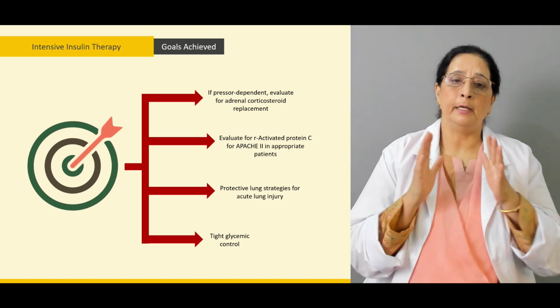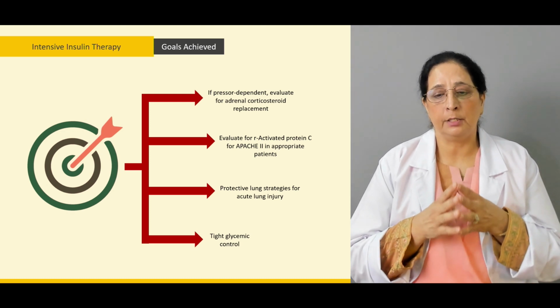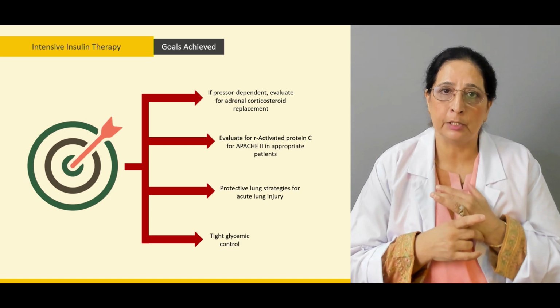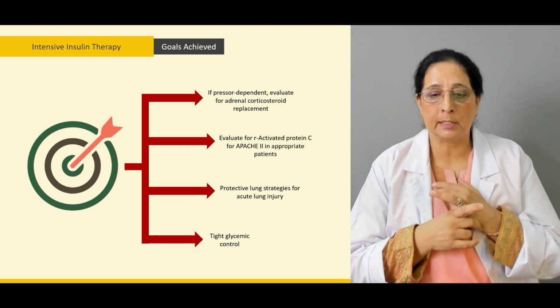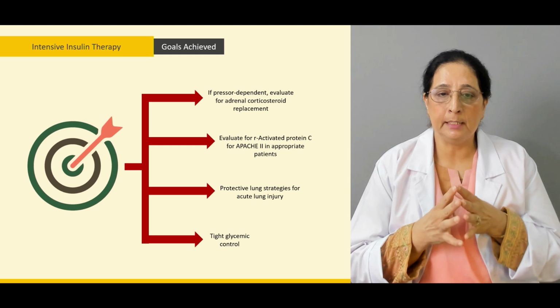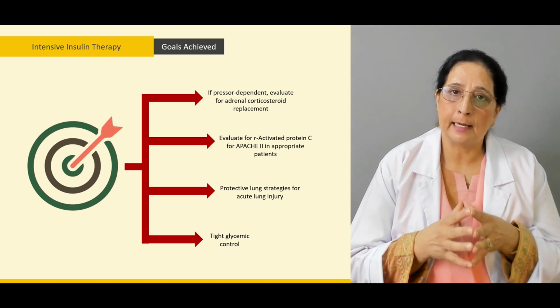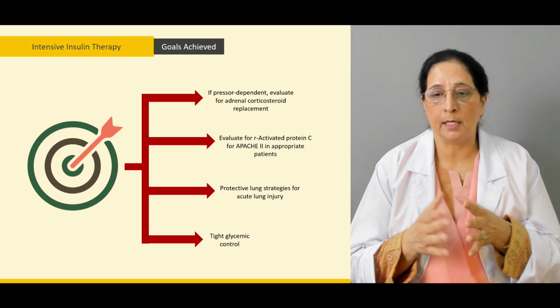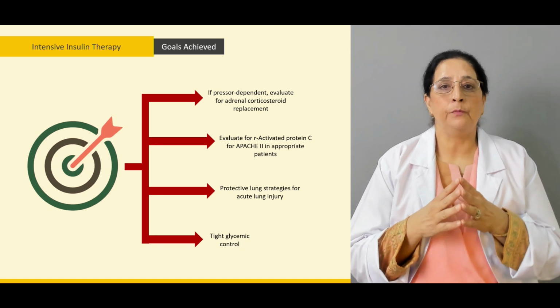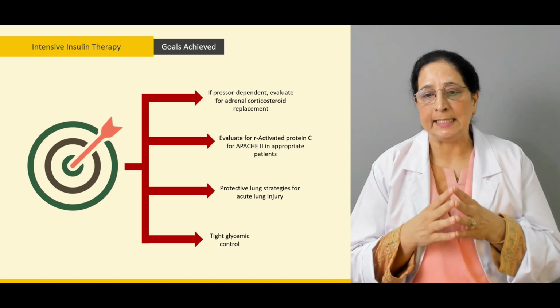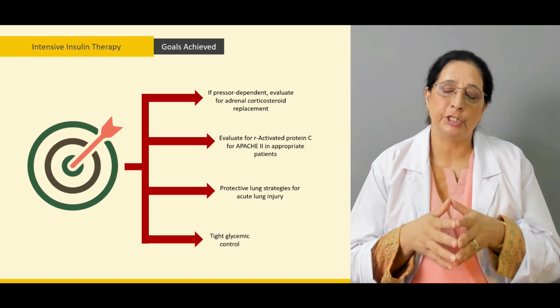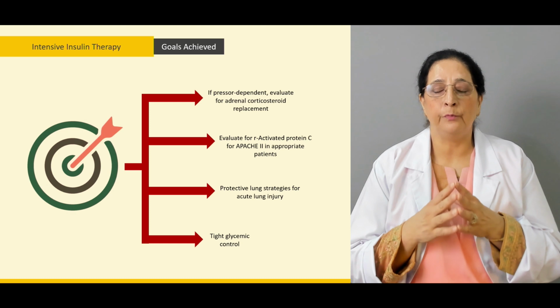So other intensive therapy management should be tight control of the blood glucose level, for which we need intensive insulin therapy. We should protect the lung if there is injury to the lungs, and evaluate for recombinant activated protein C for APACHE patients.